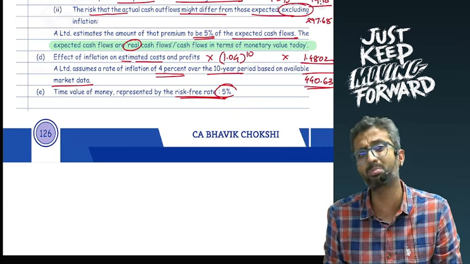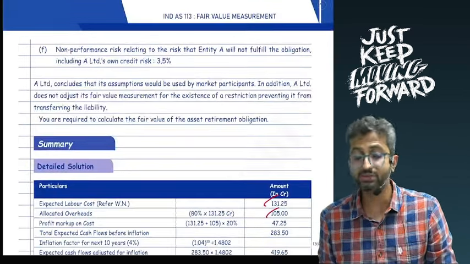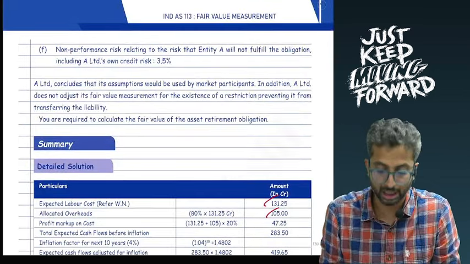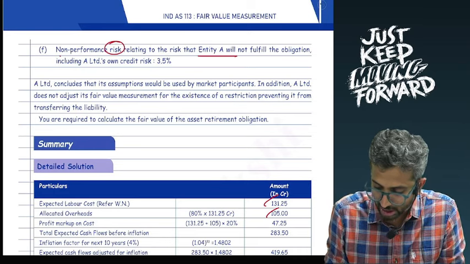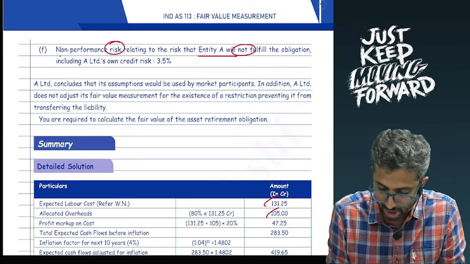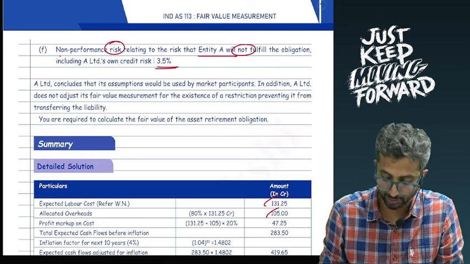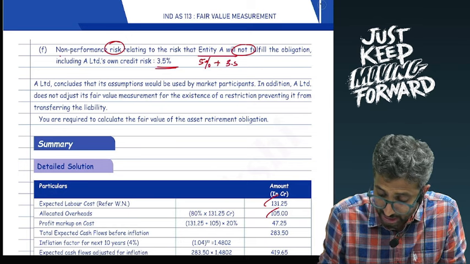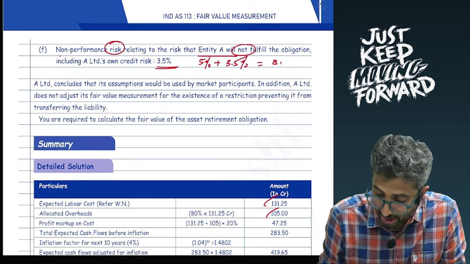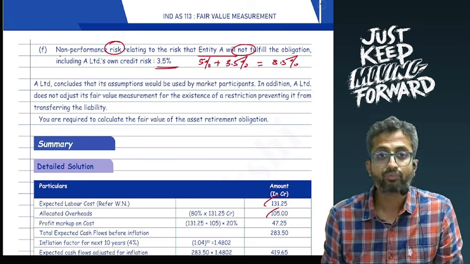So should the discount rate merely be 5%? No. 5% is for a risk-free item. This is a risky item. And non-performance risk relating to the risk that entity A will not be able to fulfill the obligation, including A's own credit risk, this is 3.5%, which means the appropriate discounting factor considering the risk will be 8.5%.